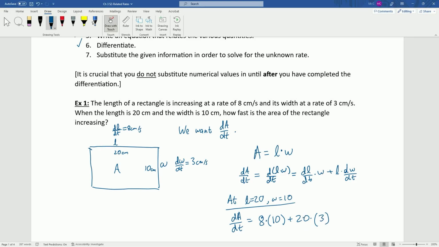And of course, this is the rate of change of area, so we could track our units, but it's of course going to be centimeters squared per second. So this is 80 plus 60, that's 140 centimeters squared per second.